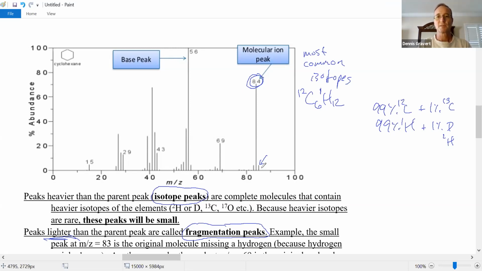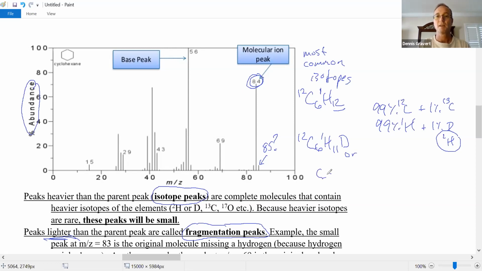Okay, so where does this heavier, smaller peak come from? Remember, the vertical axis means how abundant is it? How often did the instrument count a molecule of mass 85? Well, every once in a while, out of the 12 hydrogens, maybe 11 of them are the most common form, but there might be a deuterium atom, a hydrogen with an extra neutron in it.